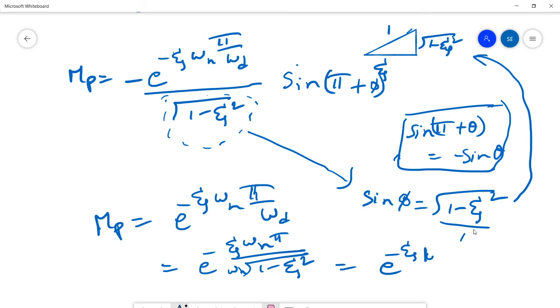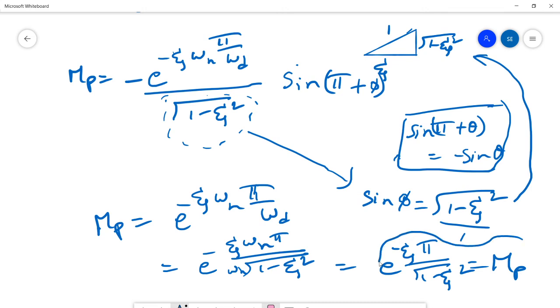What we get is e power minus zeta pi by root of 1 minus zeta square. This is nothing but maximum peak overshoot.